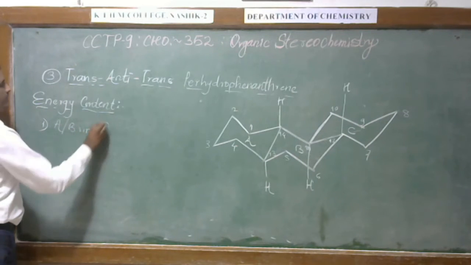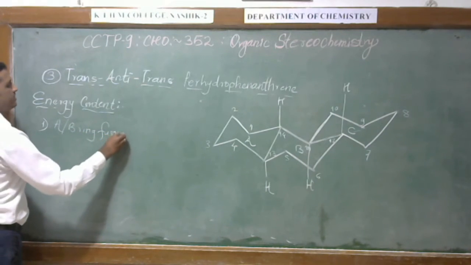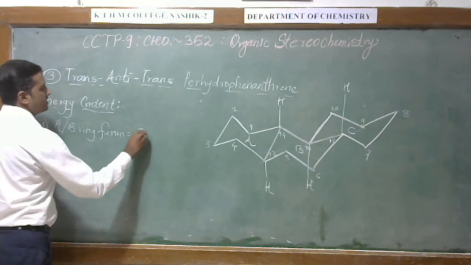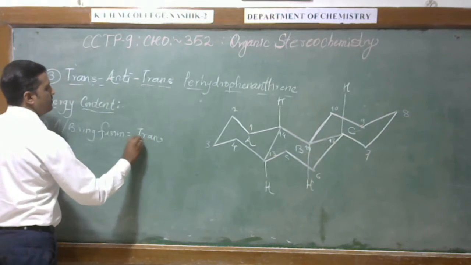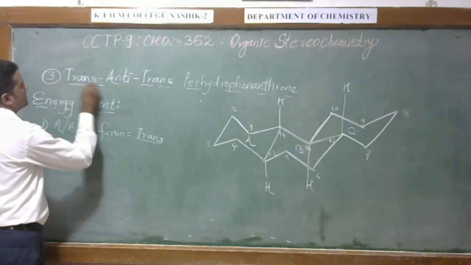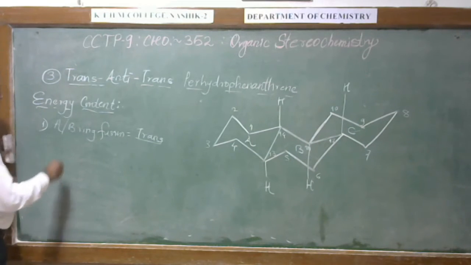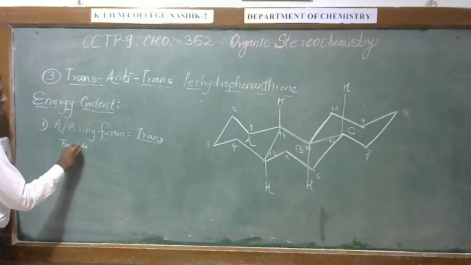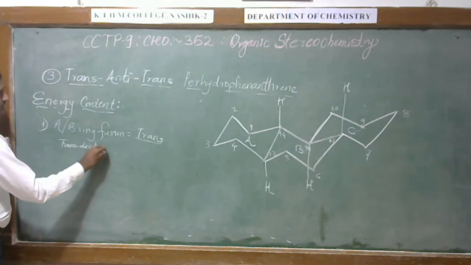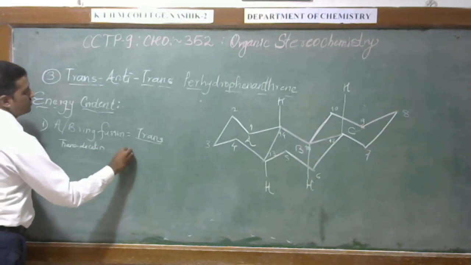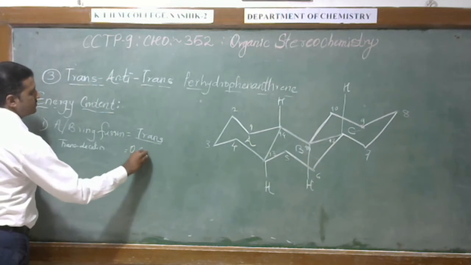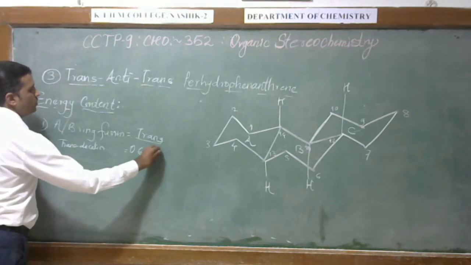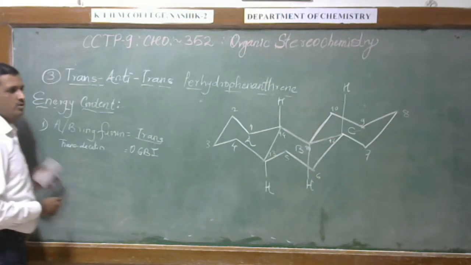For this conformation, the AB ring fusion is in trans condition, means the system is a trans decalin system, and we know that for a trans decalin system the gauche butane interactions are absent. There are zero gauche butane interactions in case of a trans decalin system.